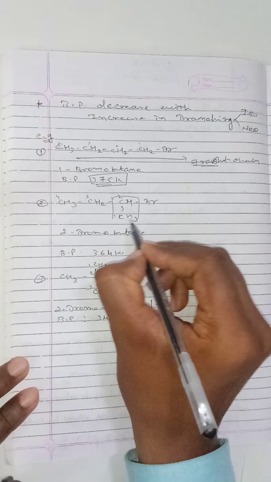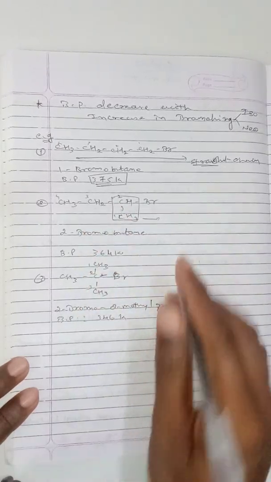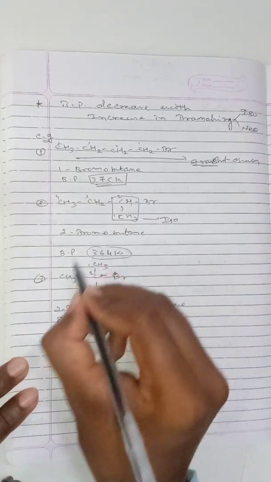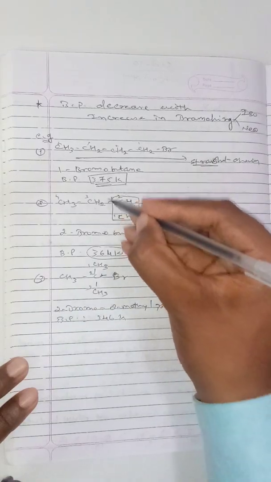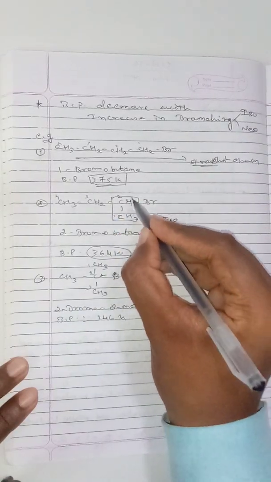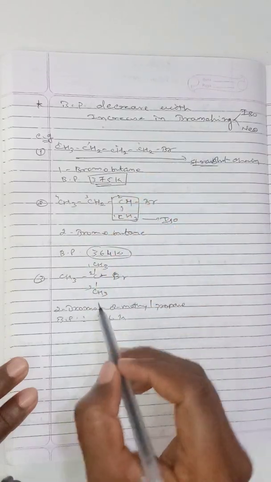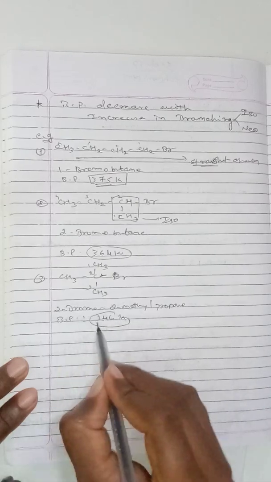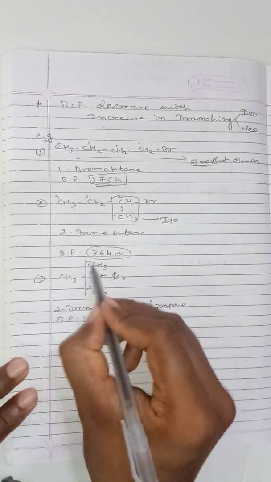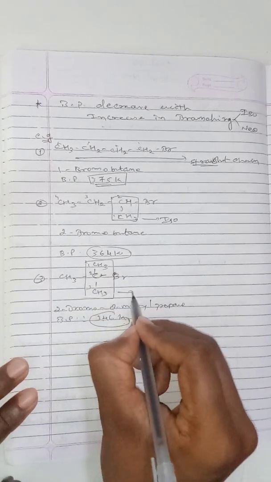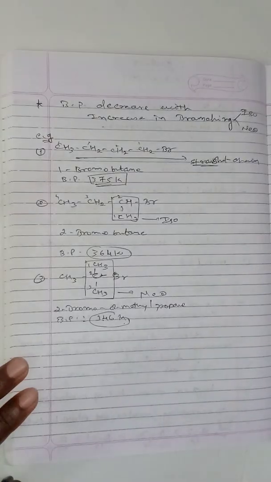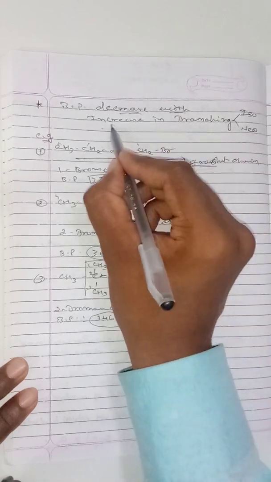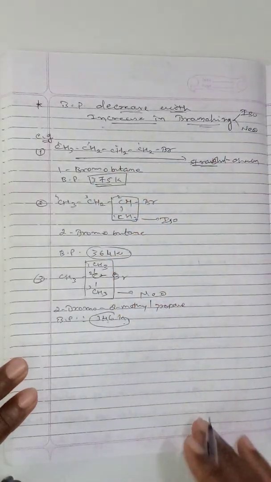Here we have only one branch, it is called iso, and its boiling point is 364. Compared to it, it is decreased because of the increase in branch. In the third example, the boiling point is 346. Here we have 2 branches, and it is called neo. So that's why boiling point decreases with increase in branching.